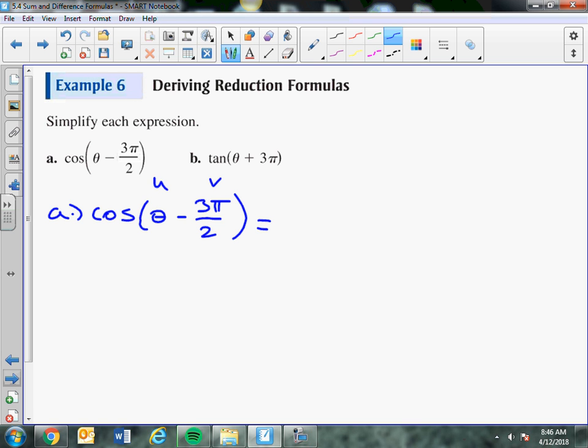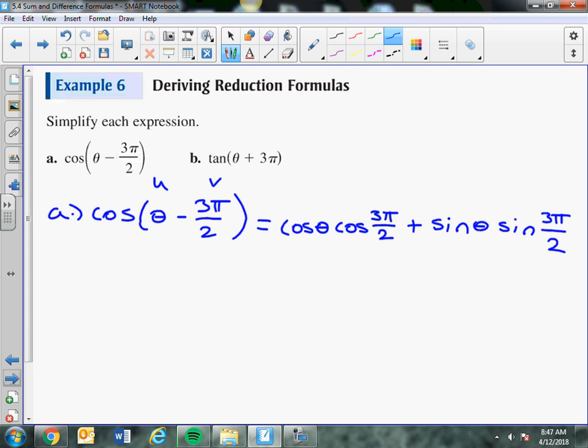So cosine uv would be cosine theta, cosine 3 pi over 2. It is a minus, or excuse me, it is a plus, and then the sine is uv as well. So we have sine theta, then we have sine 3 pi over 2.